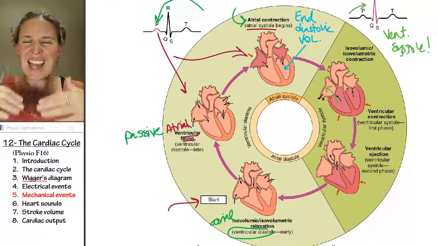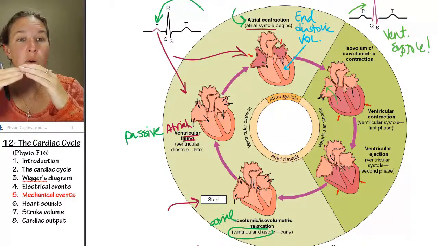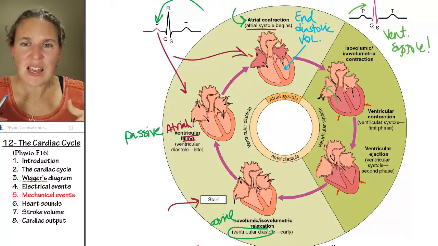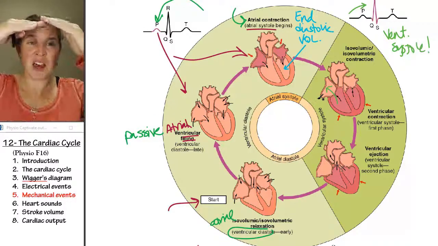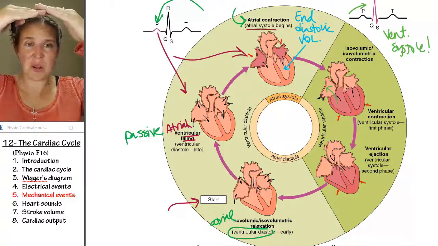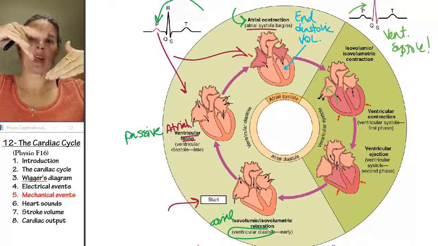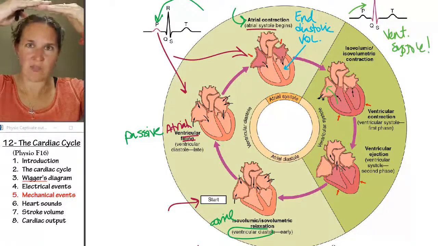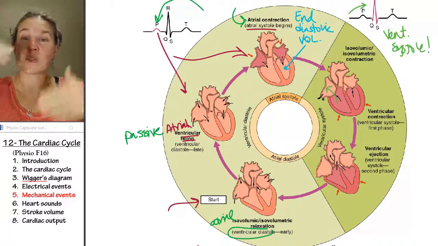They shut not because they're like, okay, guys, it's time for us to shut, ready, go. They shut because the blood is pushing backwards and the valves have no choice. It's like a one-way door: the blood is headed out, but the act of heading out grabs those valves and snaps them shut, and no more blood can get out.